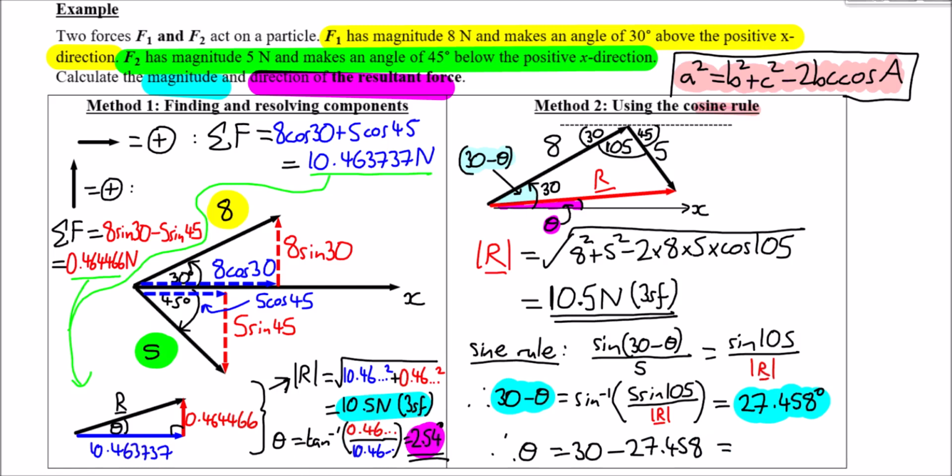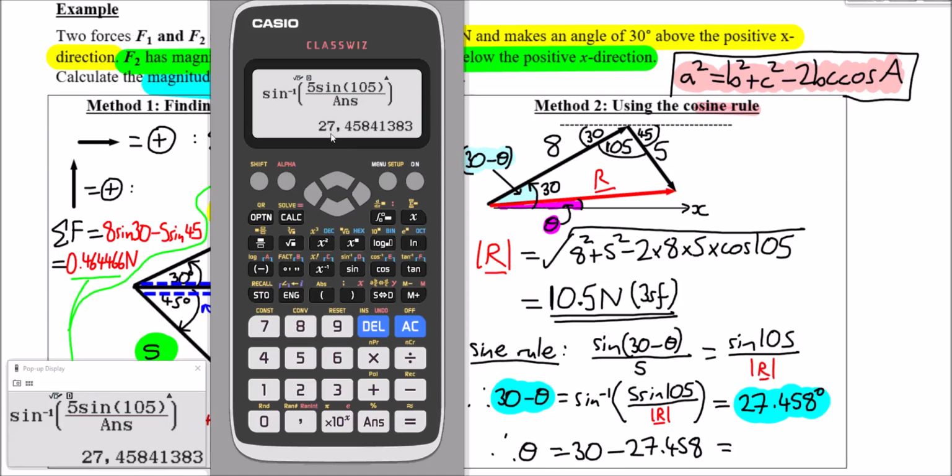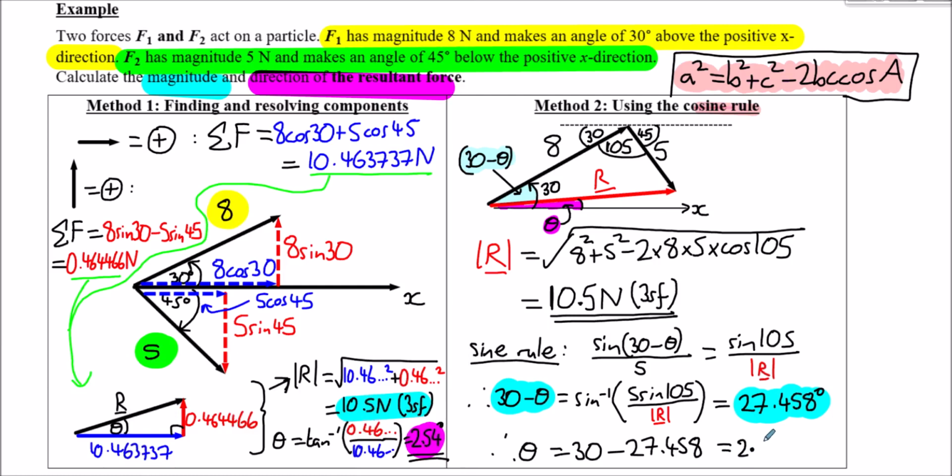So let's do this now. So we've got the 27.458. So 30 minus that, 30 minus A and S, gives us 2.54 degrees, to three significant figures. And again, you can see from before, that does agree, because we had 2.54 degrees before.